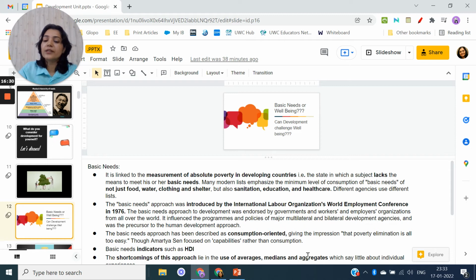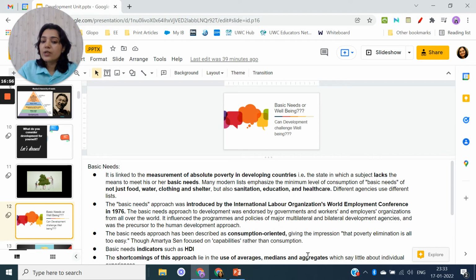Then the third point, that this is focusing more on consumption, right? The basic needs approach has been described as consumption oriented, giving the impression that poverty elimination is all too easy, right? You also believe that countries claim that poverty can be eliminated because this is consumption oriented, okay?